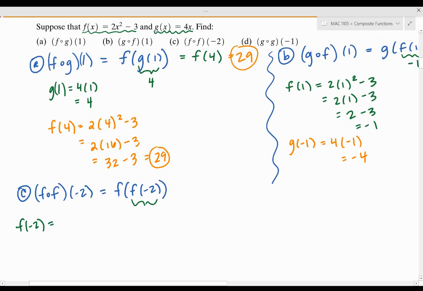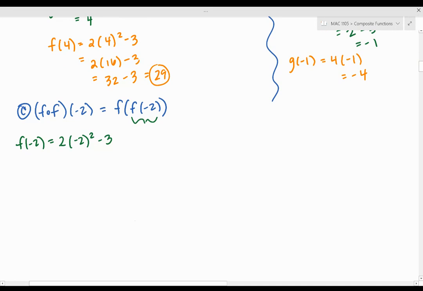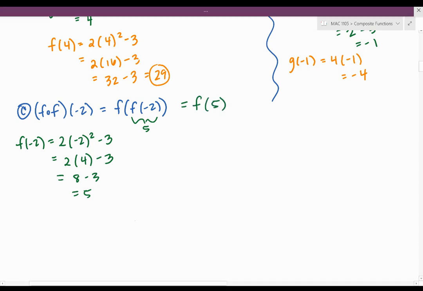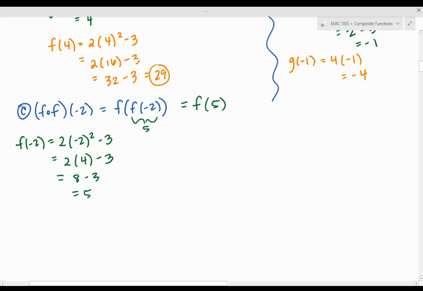That means everywhere in the f function where I see an x, I'm going to plug in negative 2. So it's going to be 2 times negative 2 squared minus 3. I'm going to simplify that. Negative 2 squared is 4, so 8 minus 3, that's 5. So this inner part is 5. Now I'm going to do f of 5, which means everywhere in the f function where I see an x, I'm going to plug in 5.